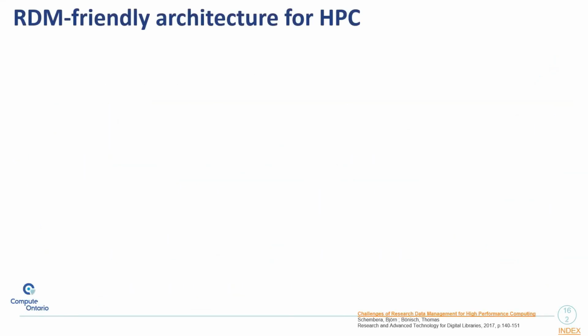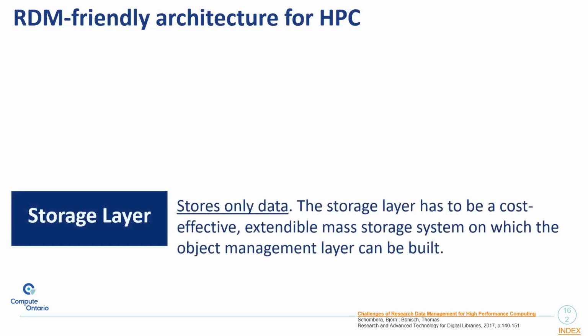So turning back to human ideas and human creativity, the challenges of RDM for HPC article I've used throughout this presentation proposes an RDM-friendly architecture for HPC, starting off with a storage layer, which stores only data. The storage layer has to be a cost-effective, extendable mass storage system on which an object management system can be built.